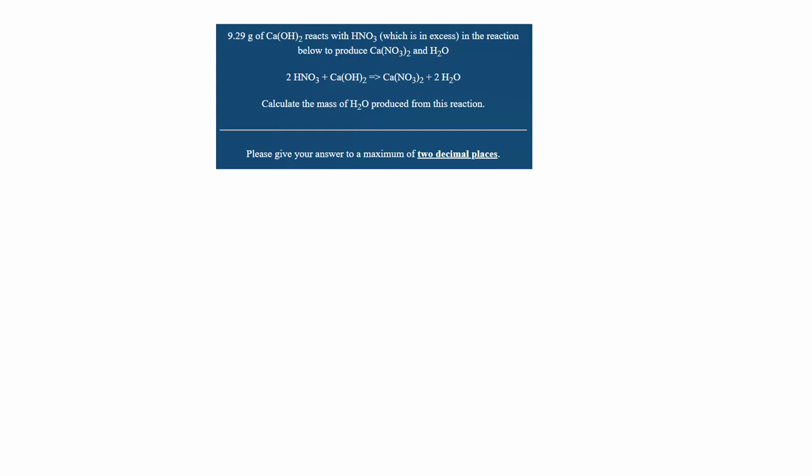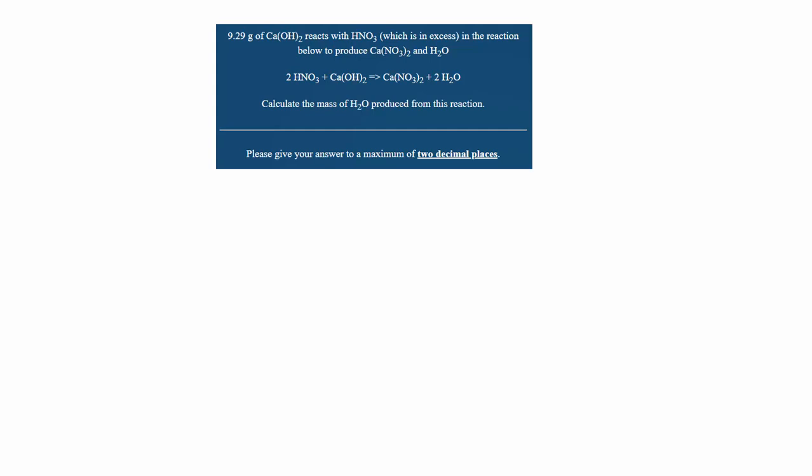Okay, so to work that out, you have to pay attention to what the question is actually telling us. So it tells us that the HNO3 is in excess, right? But we've been given the mass of CaOH2, right? So what we can effectively make out from that is that the limiting reagent on the left-hand side, so the reactant side of the equation, is not going to be the HNO3, it's going to be the CaOH2.